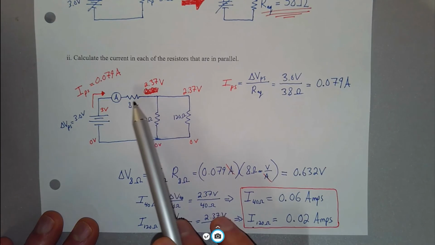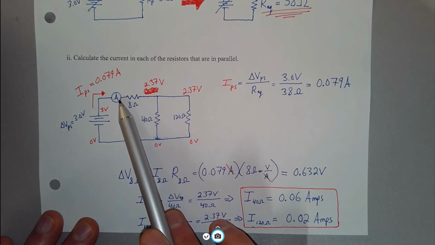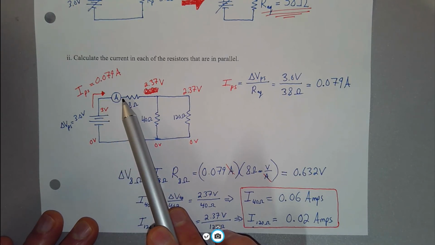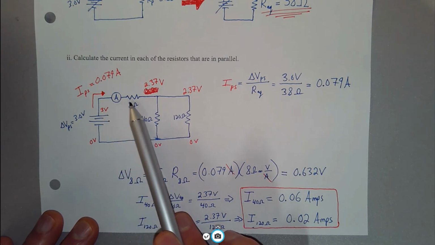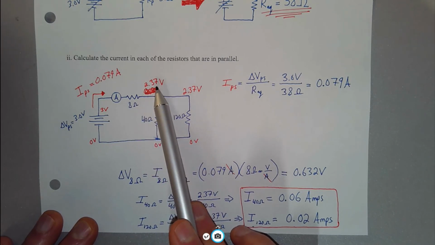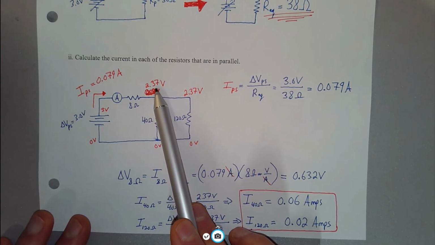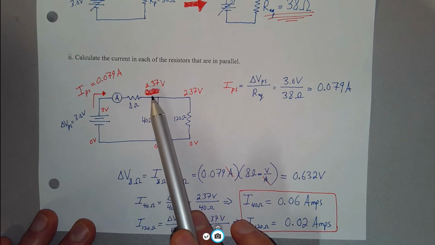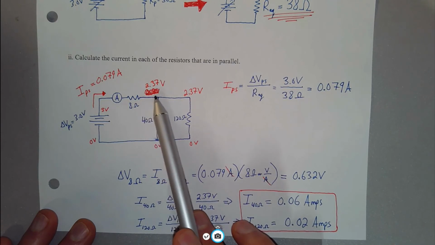Since we're going from left to right and current is flowing from left to right, the voltage that starts at 3 volts has to go down by 0.632 volts. So what's 0.632 volts lower than 3? That's 2.37 volts.